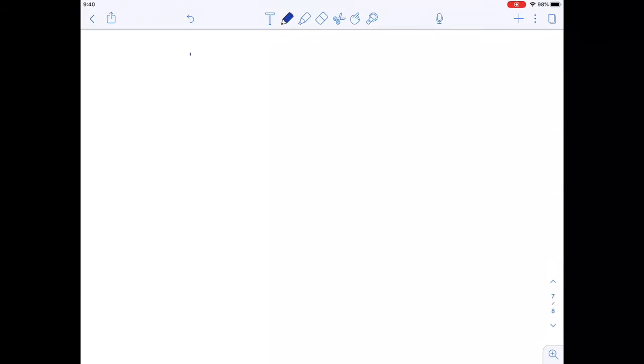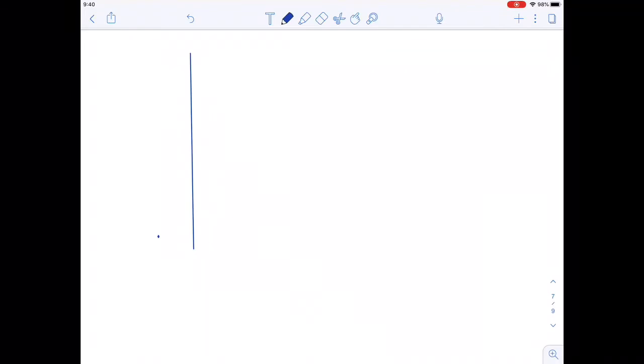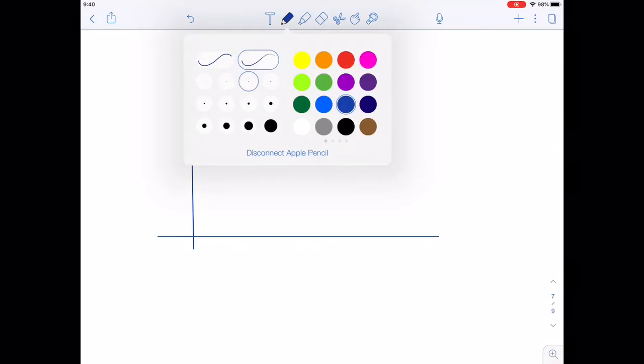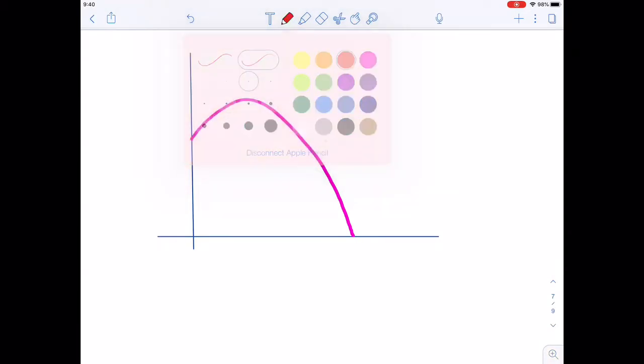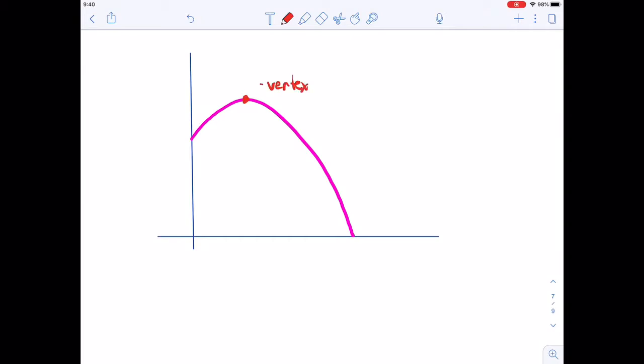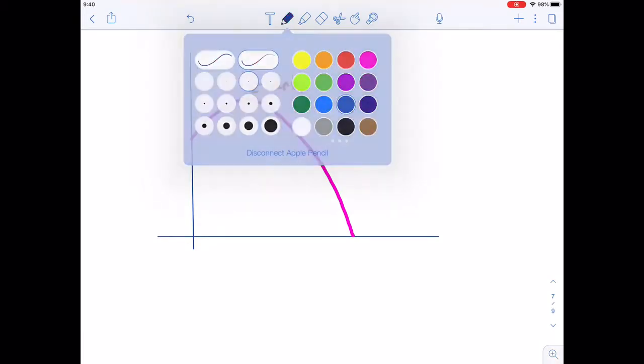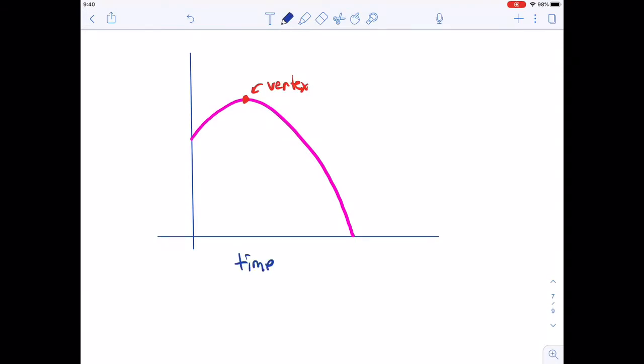So we're given a graph, or given a quadratic function, and let's say you graphed it, it followed the graph like this. So there's a vertex right on the top here. That's your vertex. We could have something like time and something like height on this one.